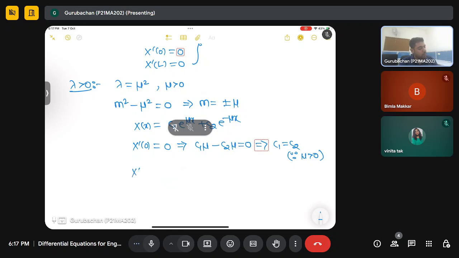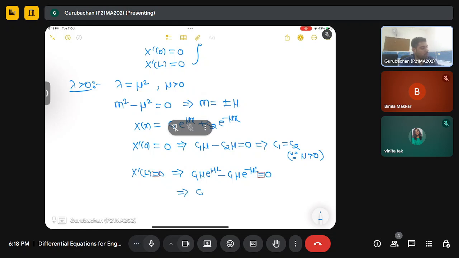Next is X'(L) is 0. This will imply C1 μ e to the power μL, and we know that from this equation C1 is equal to C2, so we may write this as minus μL equal to 0.